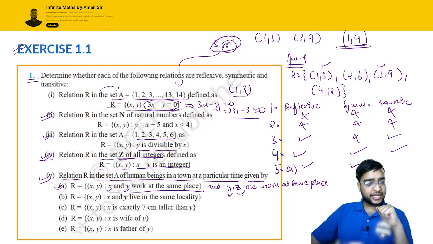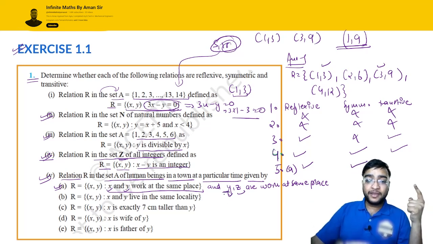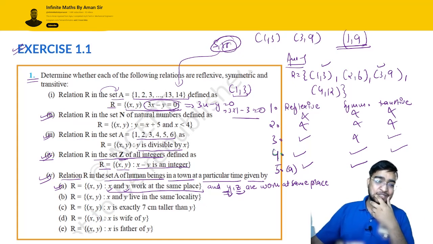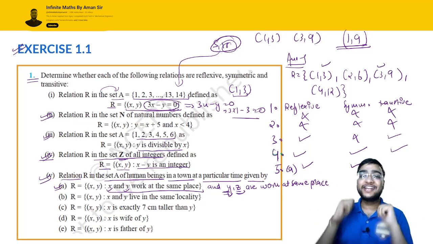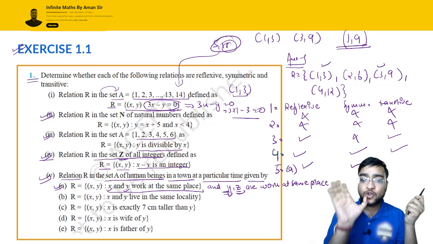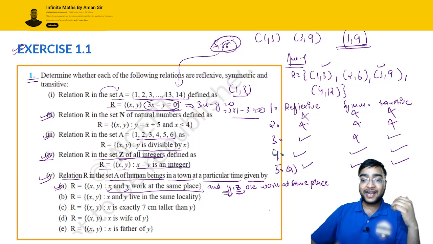We take two pairs and try to prove the third pair. Can I say x and z also work at the same place? Yes sir, because y works at the place of x, and z works at the place of y. So x and z also work at the same place. It is very obvious and logical. So this is also a transitive relation.